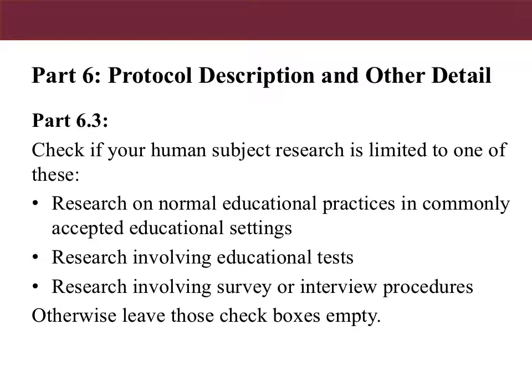Check if your human subject research is limited to one of these: research on normal educational practices in commonly accepted educational settings, research involving educational tests, or research involving survey or interview procedures. Otherwise, leave those checkboxes empty.